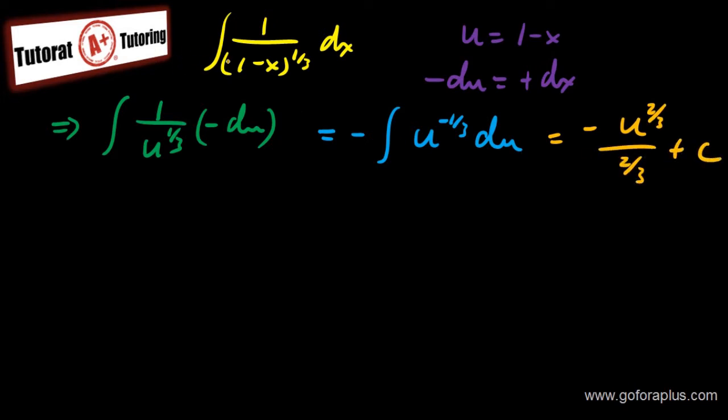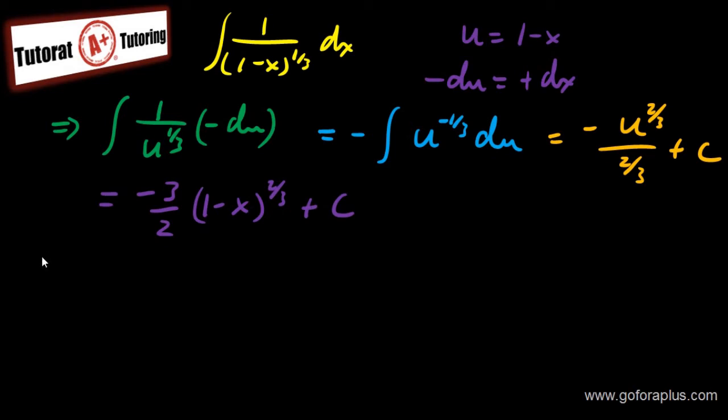Because it's an indefinite integral, I have to write plus c here, but when I plug it back into the question, I can drop the plus c. So we write this as minus 3/2 times (1 minus x) to the power of 2/3 plus c.